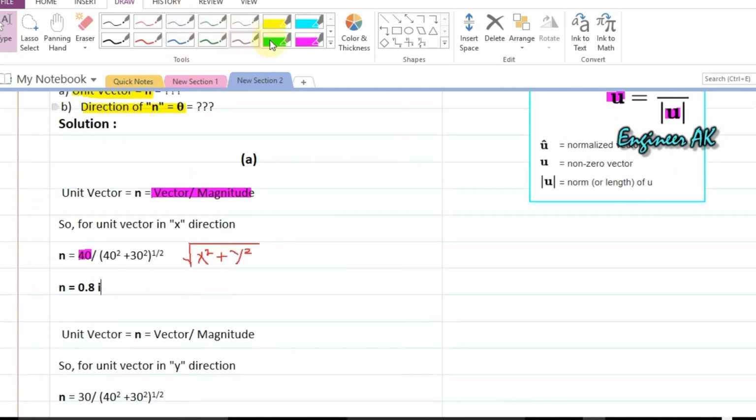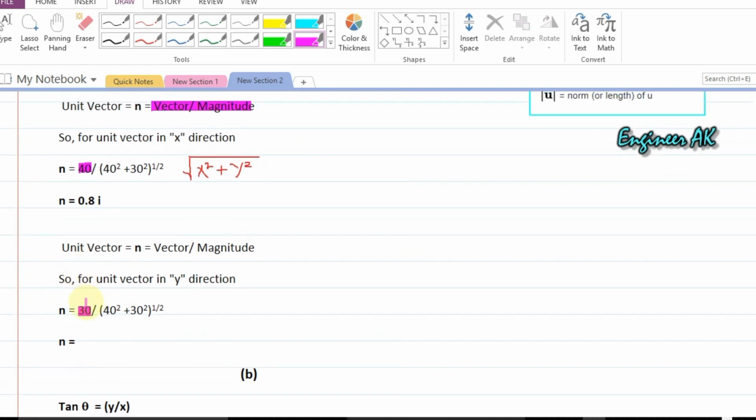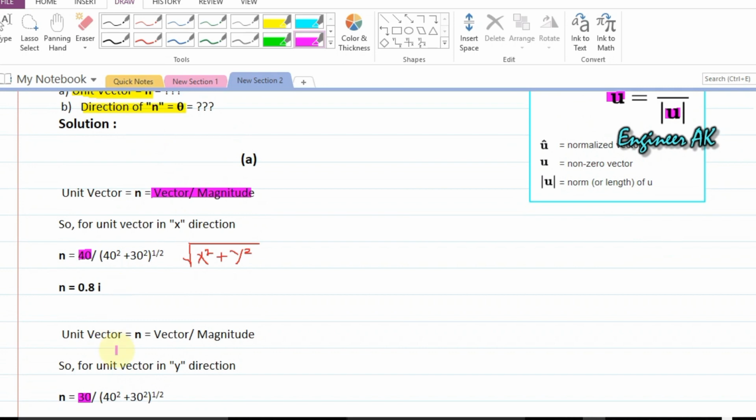Now similarly, for the unit vector in the y direction, we have the same formula, vector divided by its magnitude. Here I will plug in the y value, which is minus 30.